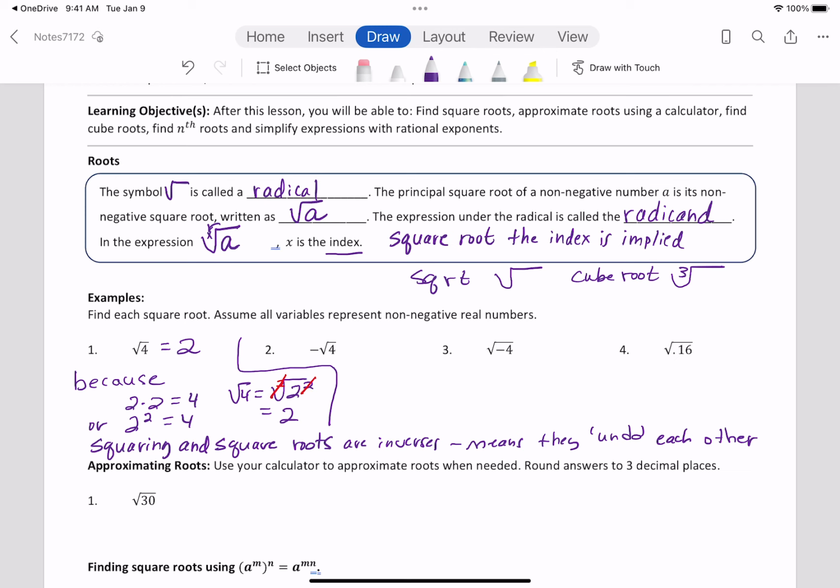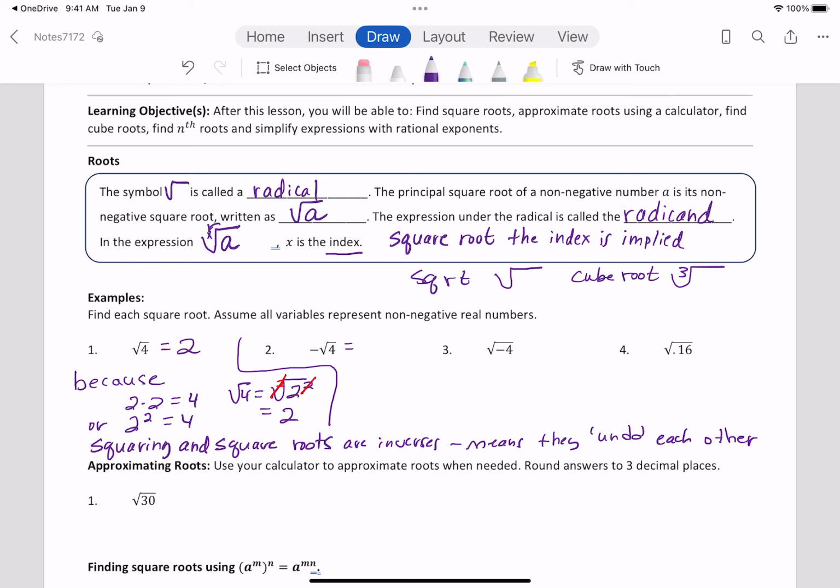So number 2, for this one, it's going to be very important to pay attention to the negatives and where they are and what they mean in these problems. For this one, you see that that negative sign is out front. It is not under the radical.